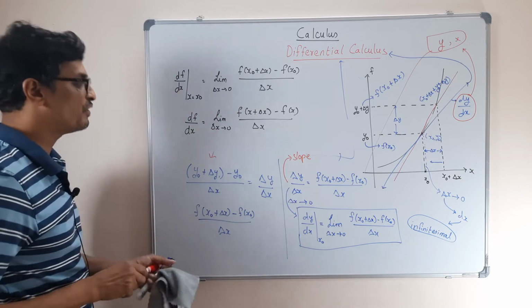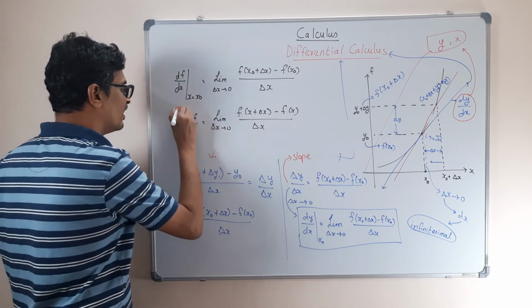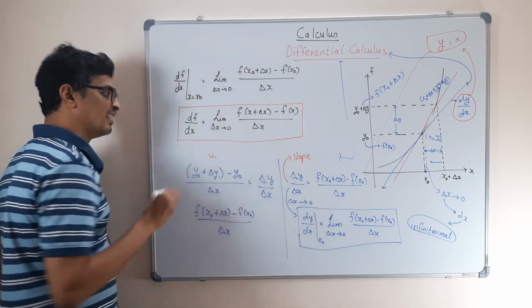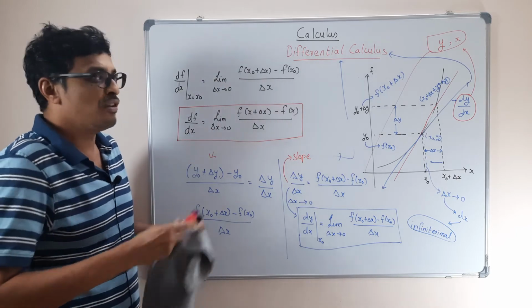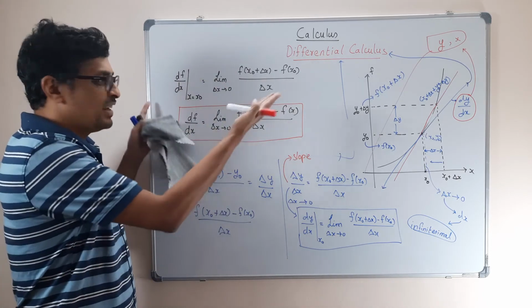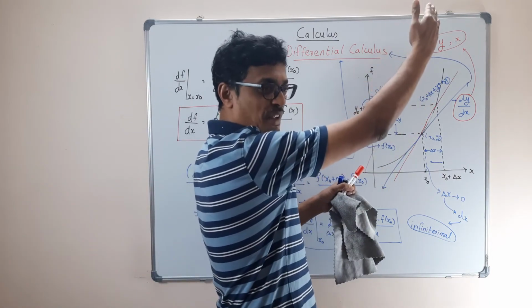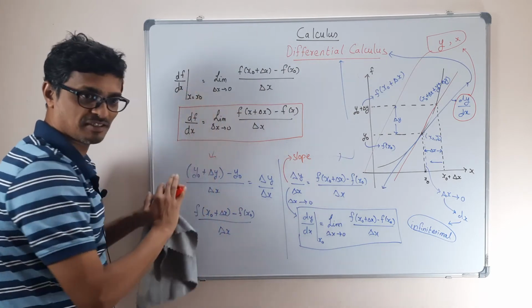I have not defined x0. So this will be what? Tell me. Tangent at where? At any point. X can be anything. This defines a tangent at any point.